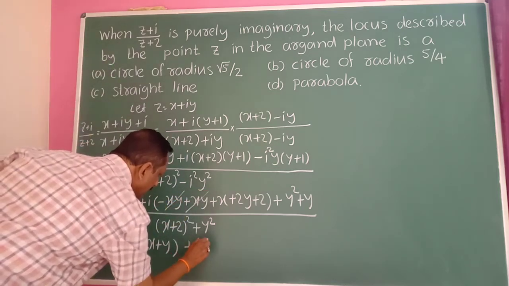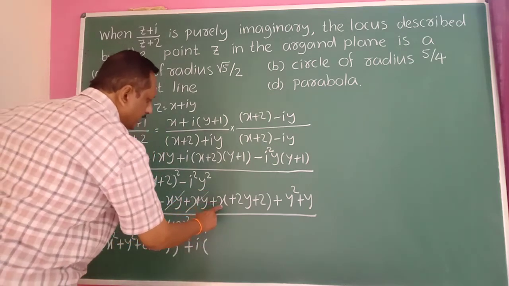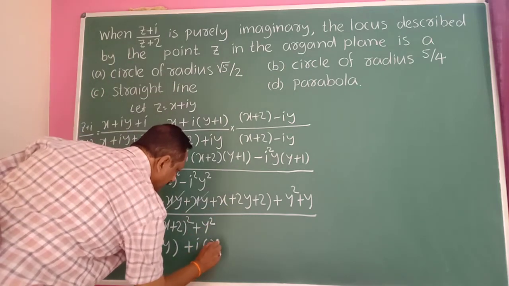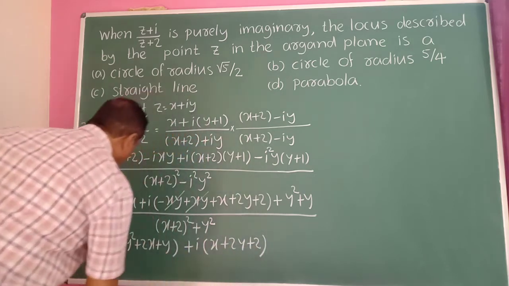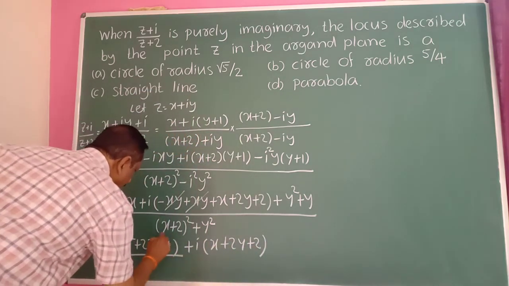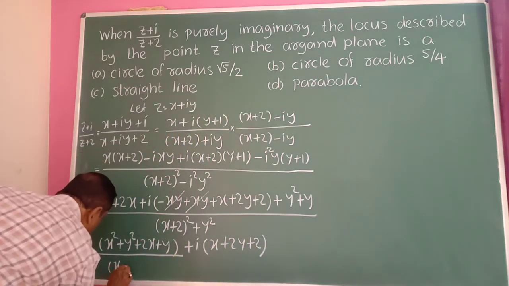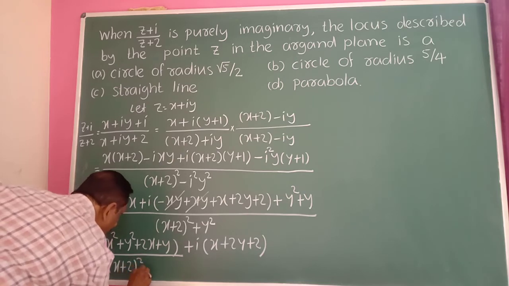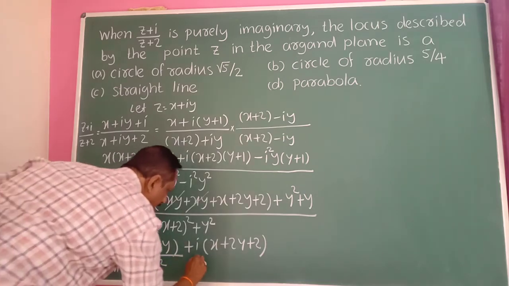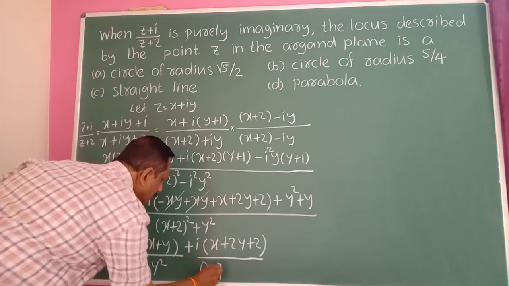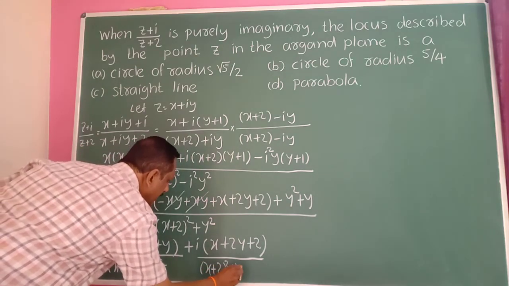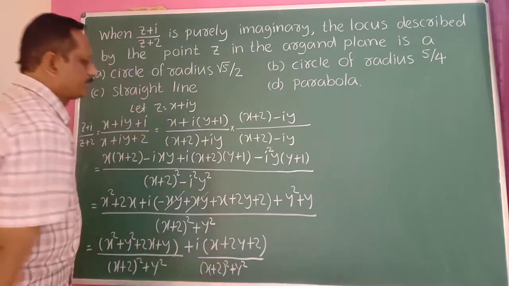Plus i into (x plus 2y plus 2). Therefore, divided by this term, (x plus 2) square plus y square, here also divided by (x plus 2) square plus y square.